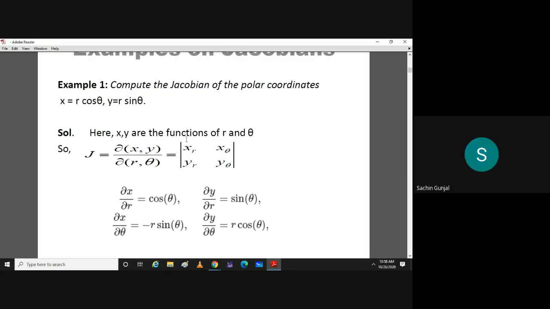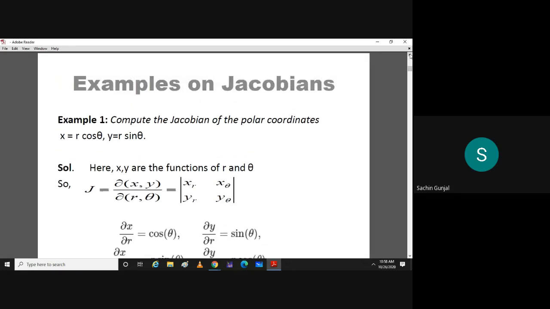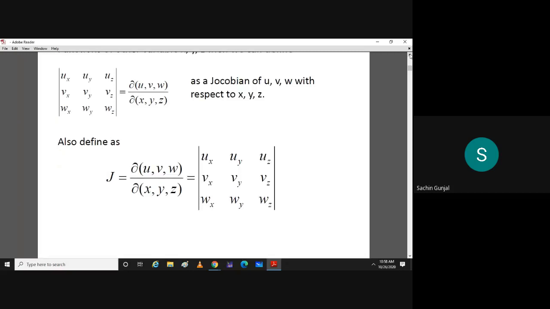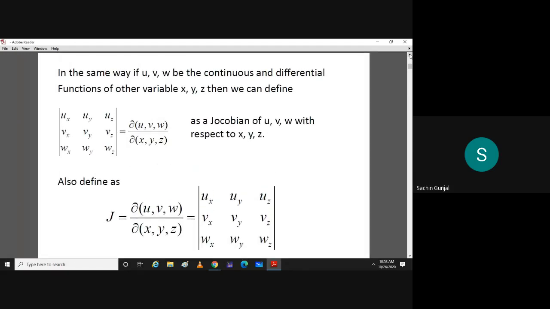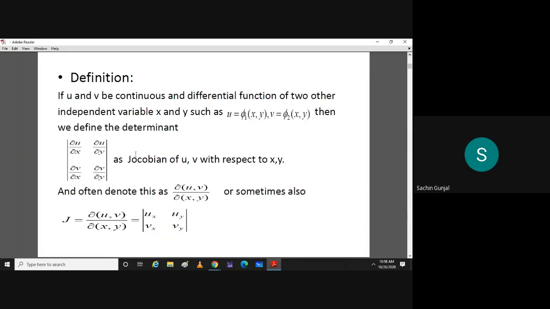Let me go back to this definition of the Jacobian of uv with respect to xy. The first row: you pick up u and differentiate it with respect to x and y. This is your first row.